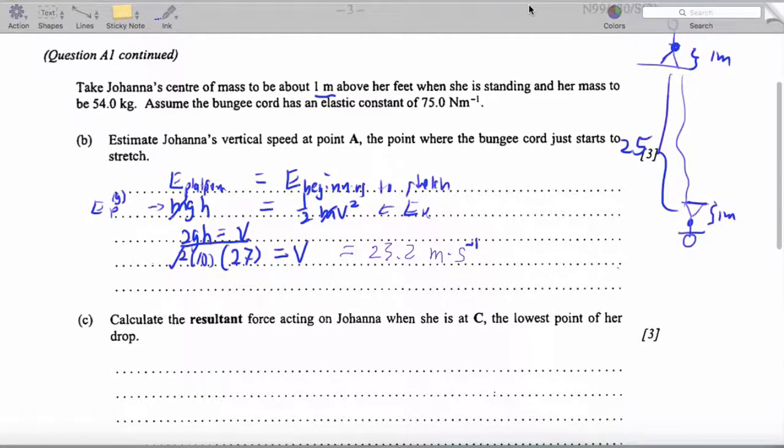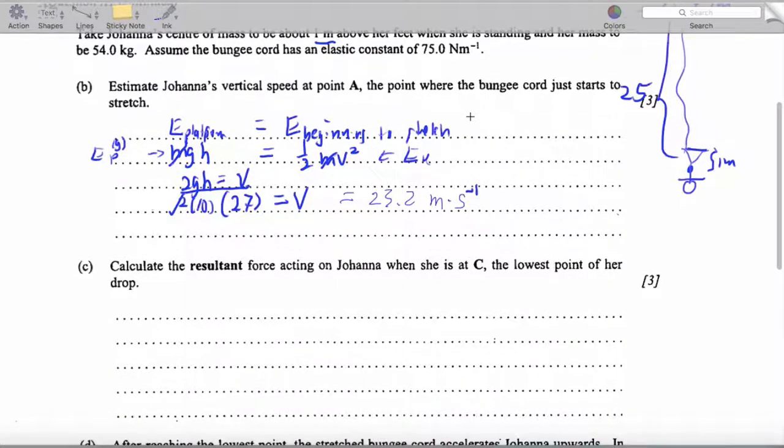Now, we want the resultant force acting on Joanna when she's at her lowest point. So let's be clear. The net force, well, let's look at her at the lowest point. She's got the spring force going up, the gravity force going down. So that's going to be spring minus gravity, and that's going to be K times the stretching distance minus her weight.